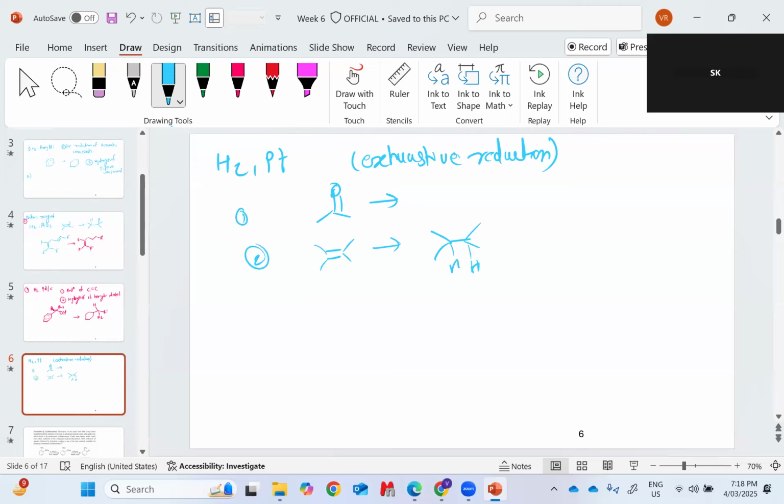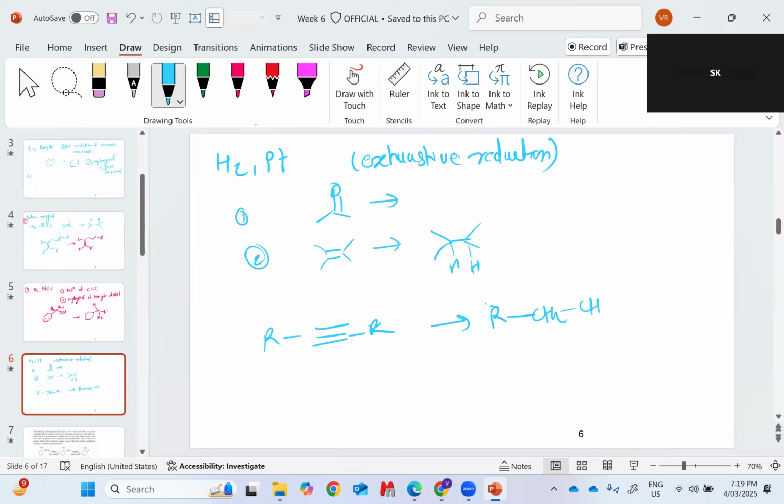Further, it can also convert alkynes. If you have R C triple bond R, any alkyne, these alkynes can be further converted into the corresponding alkanes, so CH2 CH2 with the R group, R 1 and 2.